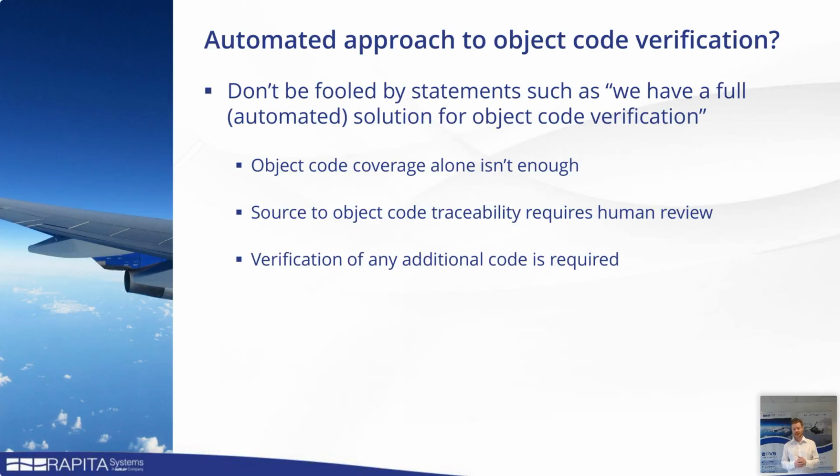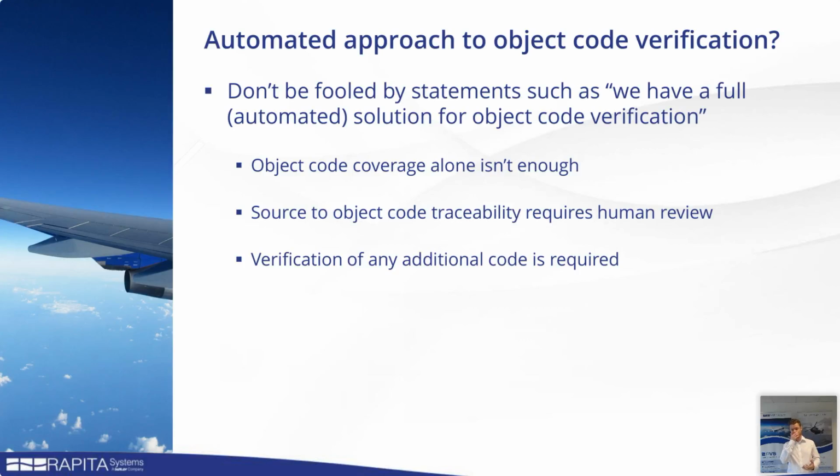You can't simply say, we ran our source code level requirements-based tests, we've got 100% object code coverage, therefore there is no object code that doesn't trace to source code. You can't say that because you haven't manually analyzed the code to see if it traces, and the fact you've got 100% code coverage could be by accident, incidental coverage. So object code coverage isn't enough. It doesn't mean that it's not valuable.